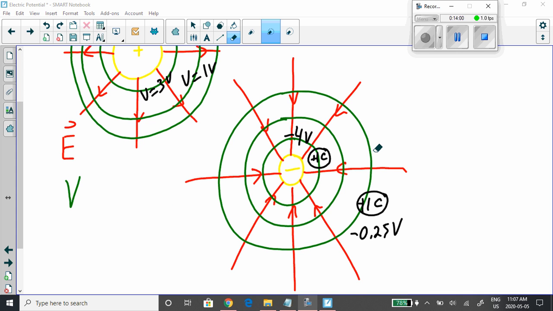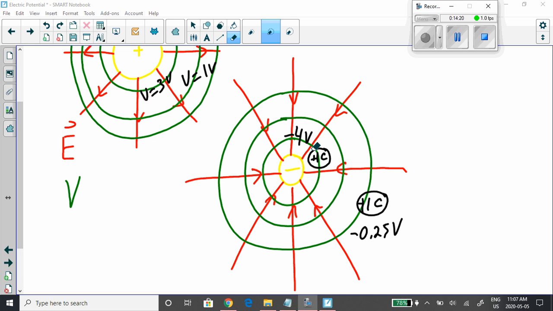Now, let's deal with investigating a negative charge. All right, so let's say I start right here, somewhere on this green circle right here, and I have a positive 1 coulomb test charge.